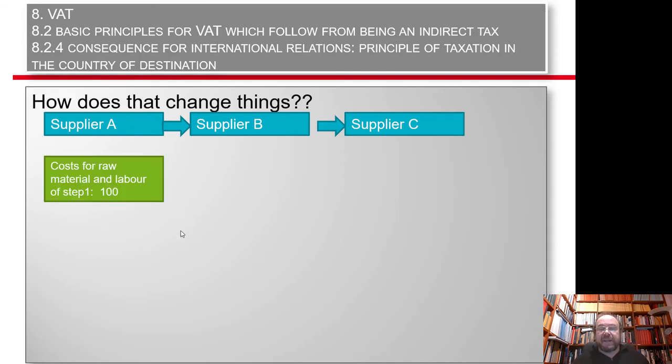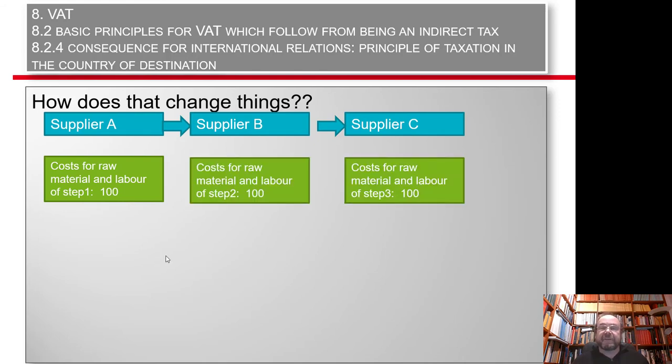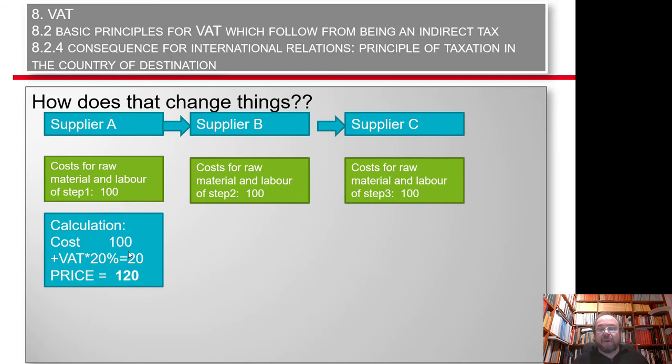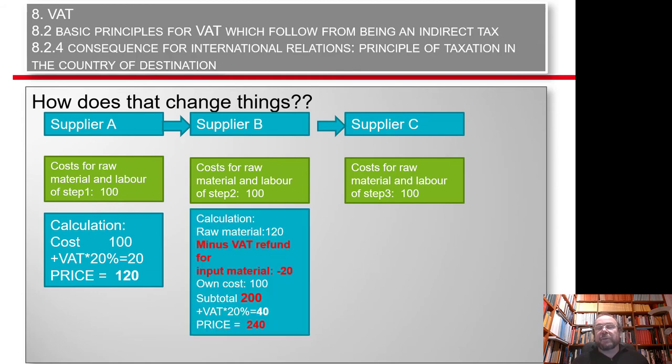Imagine now supplier A, B, C again. Raw material always 100. Now A sells for 120, because the net price needed is 120, and VAT comes on top. Supplier B buys for 120. Now that price contains a VAT amount, and so he gets for that 120 a refund from the fiscal office of minus 20.